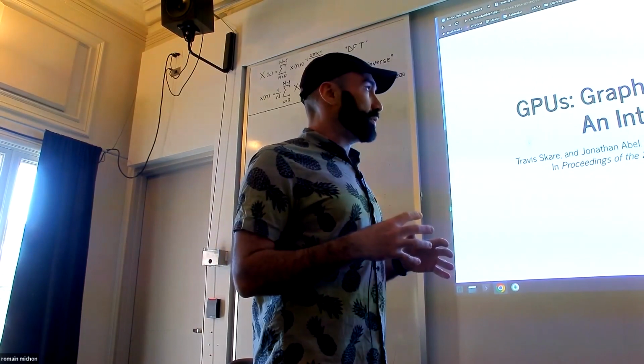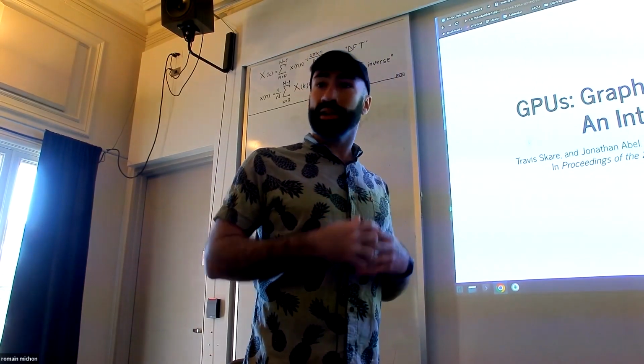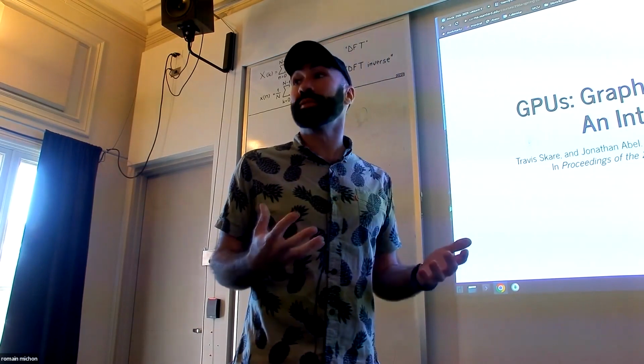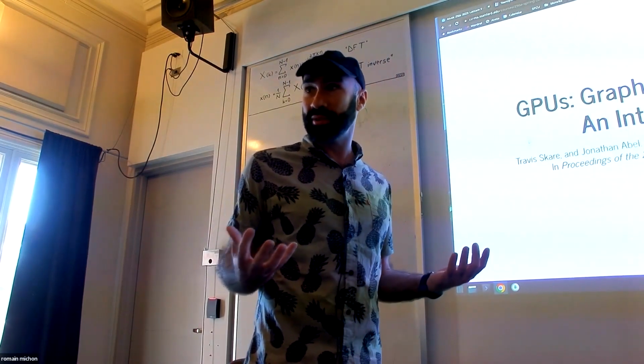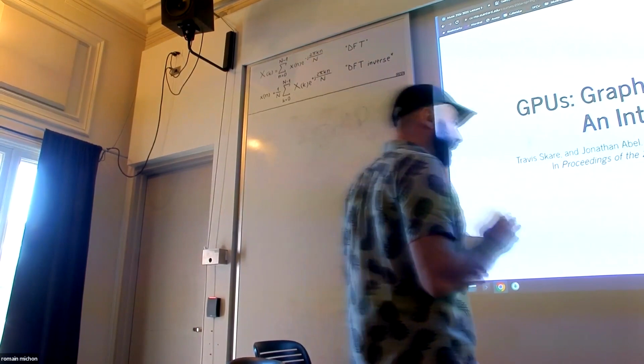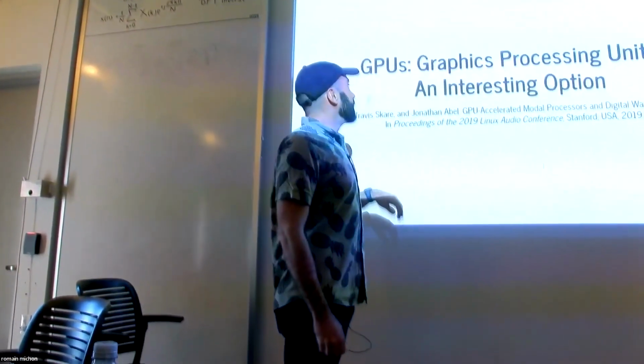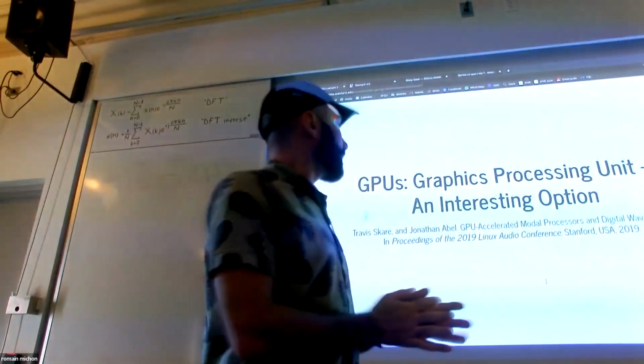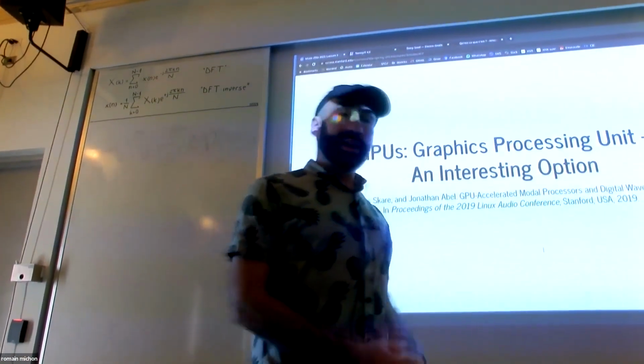If you have an algorithm that can be easily parallelized, it's probably 100 times more powerful than a CPU, basically. So for very specific applications, the GPU might be a good alternative.